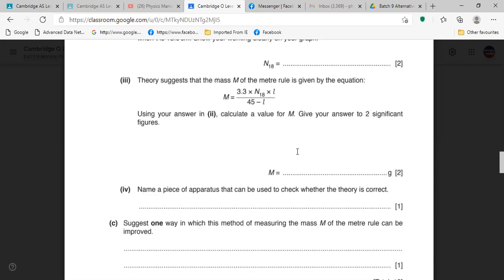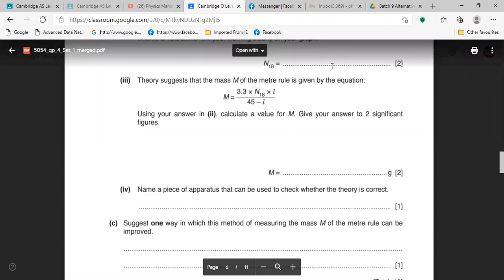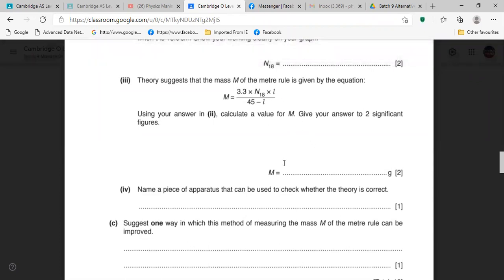You show your working for that one mark. And to write in two significant figures, there is another mark. Even if your answer is not in the range, you will get marks for your correct calculation and writing in two significant figures. That is error carried forward. You will get the marks, no problem.